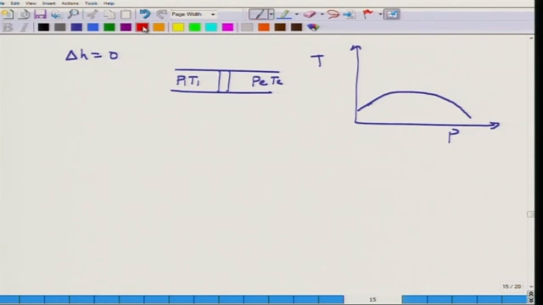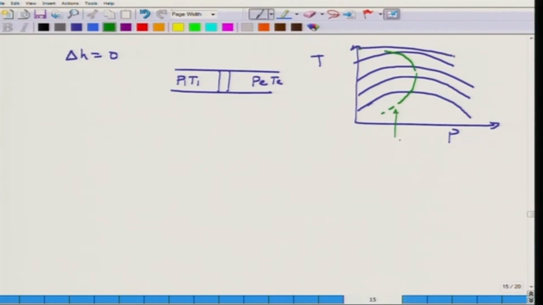And this inversion curve, you can have different initial conditions and you will get different kinds of curves, and the maximum you can connect to obtain something like this. So this will be your inversion line, and this will be the temperature at the end of this curve, your maximum inversion temperature.